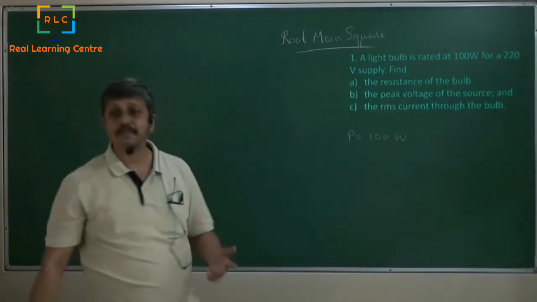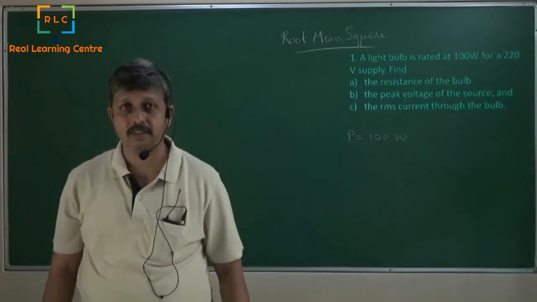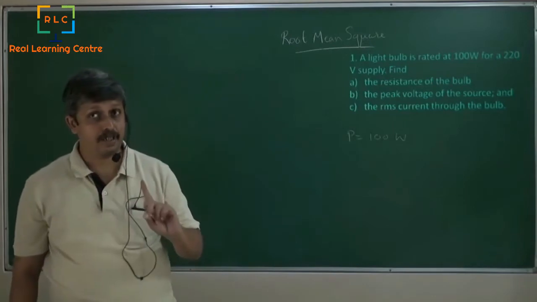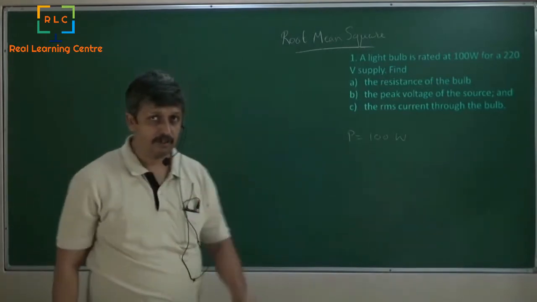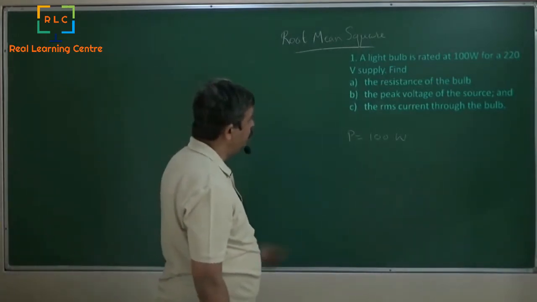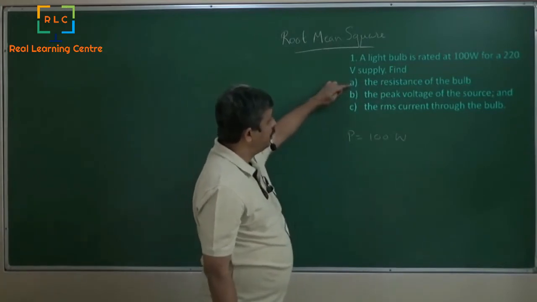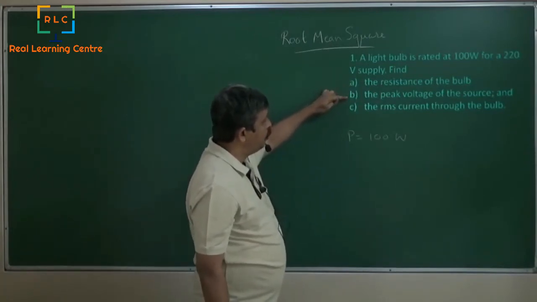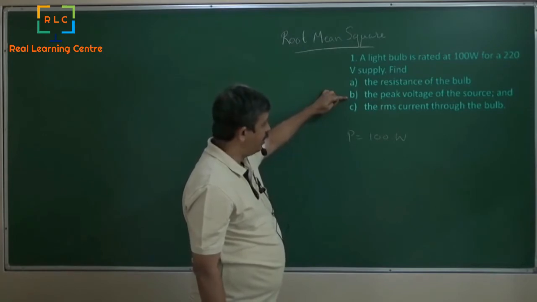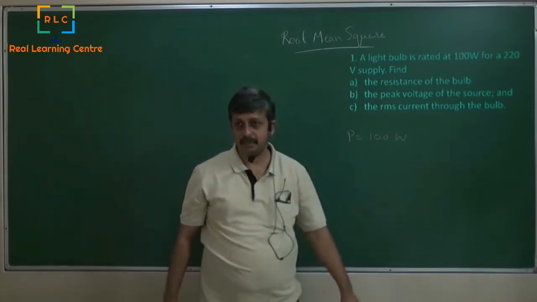And 220 volt supply, what is the meaning of that? That is the AC supply. Remember, it is AC supply 220 volts. Then we want to calculate the resistance of the bulb, the peak voltage of the source, and the RMS current through the bulb.